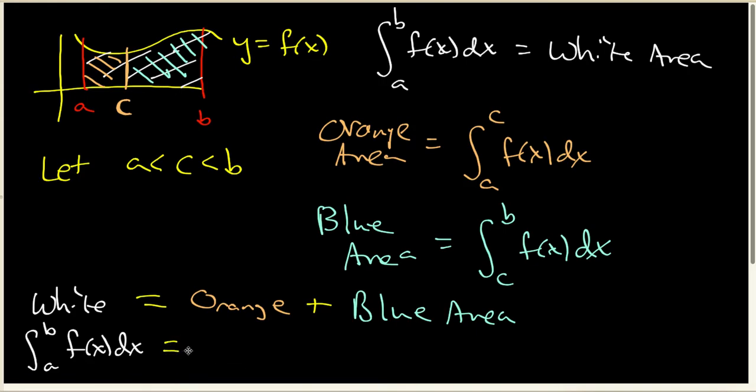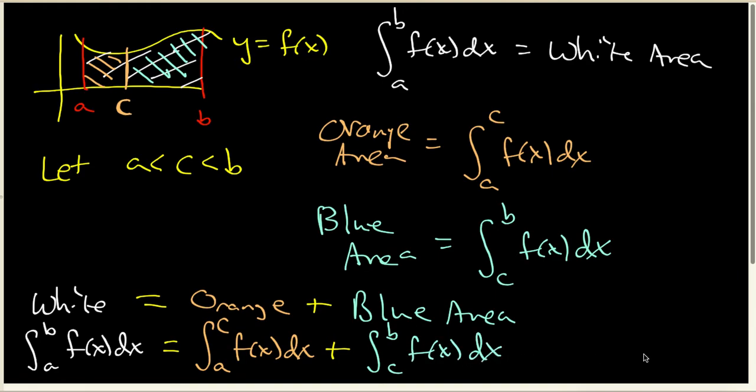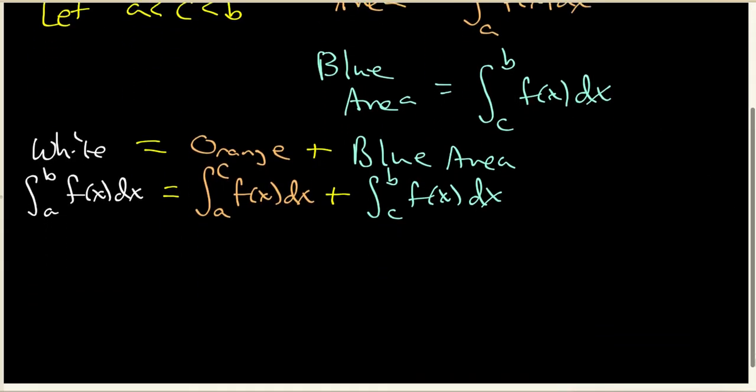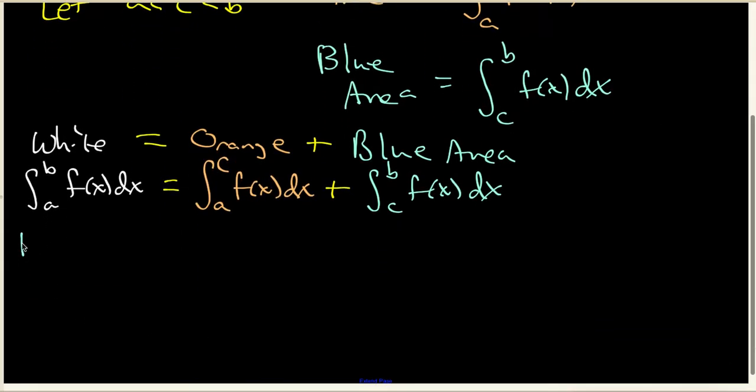And that is going to be equal to the orange area, which is the integral between a and c of f of x dx, plus that blue area, which is the integral between c and b of f of x dx. In other words, we can split an integral up anytime we want to, at any point that's between the two endpoints.